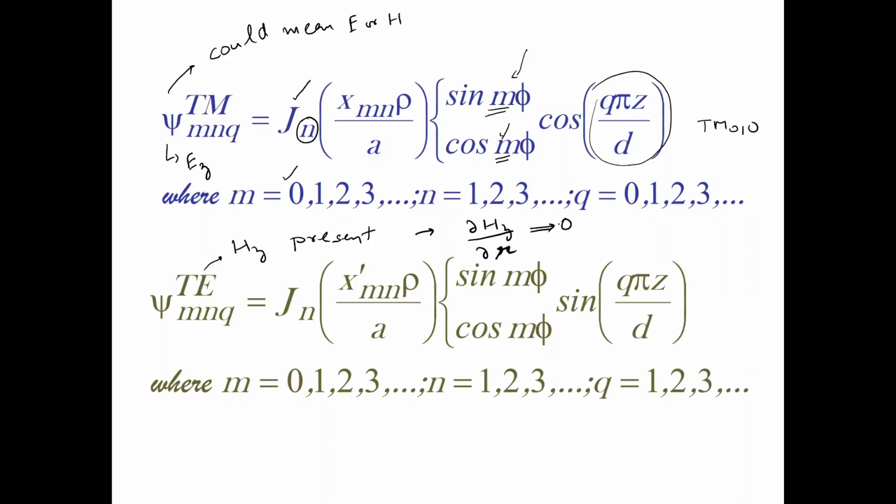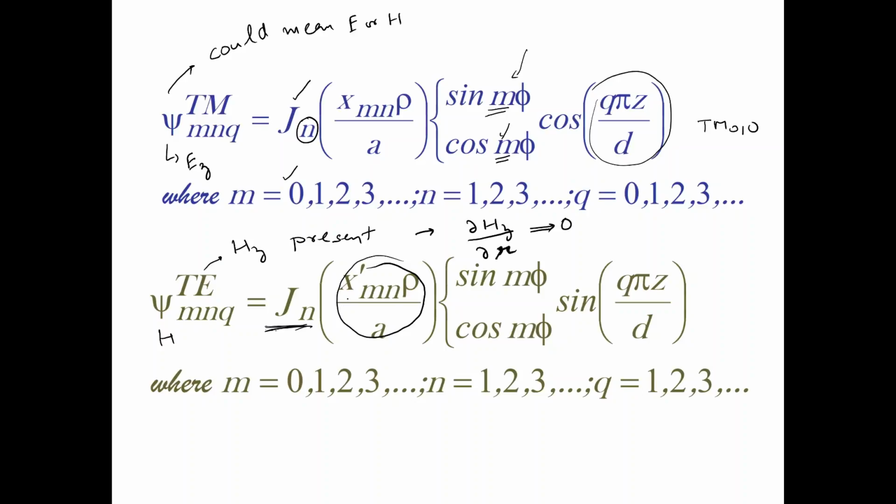So instead of having the function itself go to 0, we have to take the derivative of it, and that has to go to 0. The solution is still going to be a Bessel function. However, the root of the Bessel function has to be such that the derivative goes to 0.